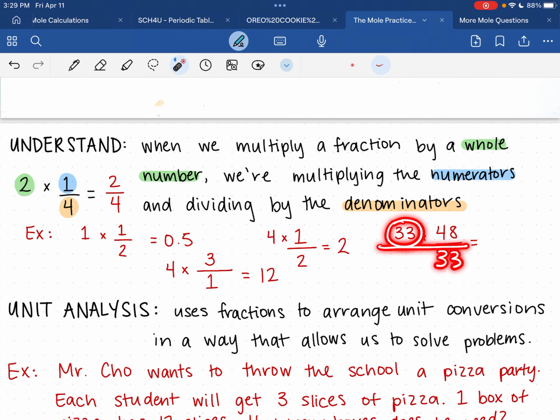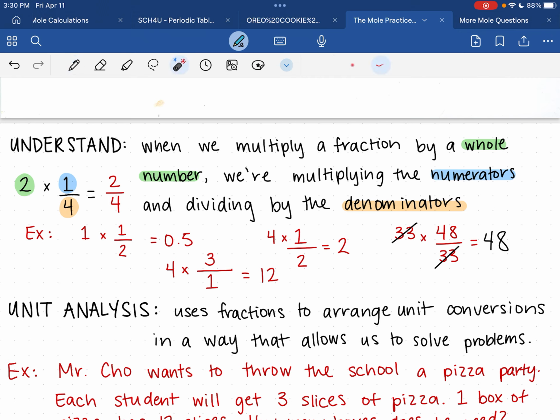And then 33 in the denominator. So if you have the same number in the numerator as you do in the denominator, it cancels out. So 33 will cancel with 33, and what you're left with is just 48.